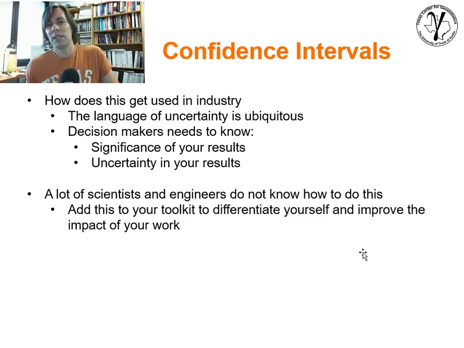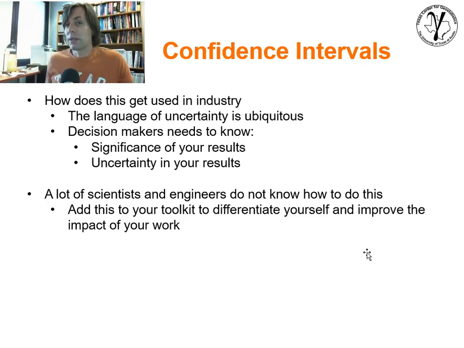So how does this get used in industry? The language of uncertainty is ubiquitous within industry. Decision makers use uncertainty. In fact, if you're working directly with decision analysts and others who are working in that field, you'll find they work directly with those uncertainties.